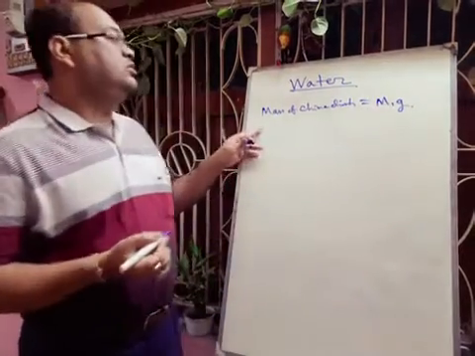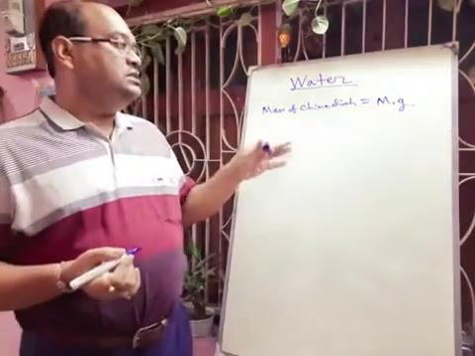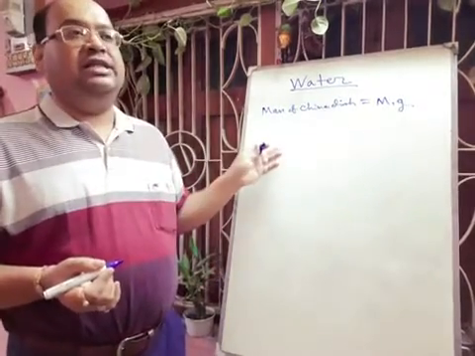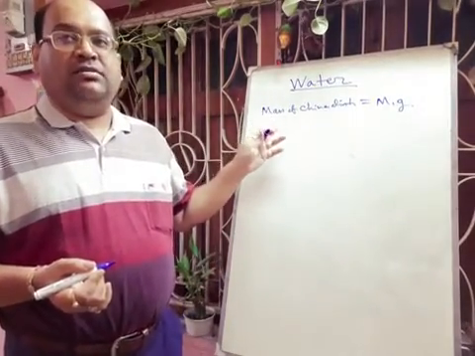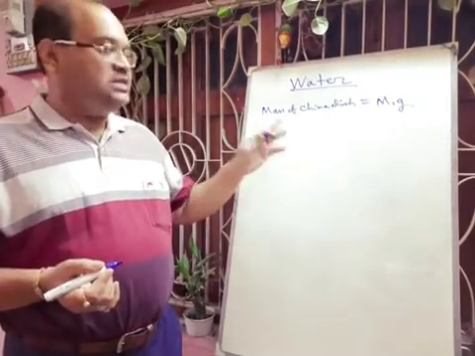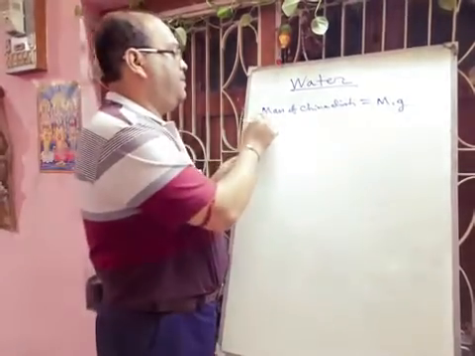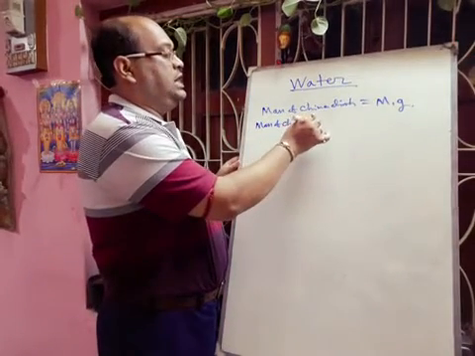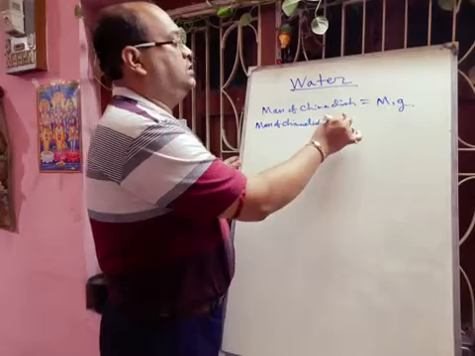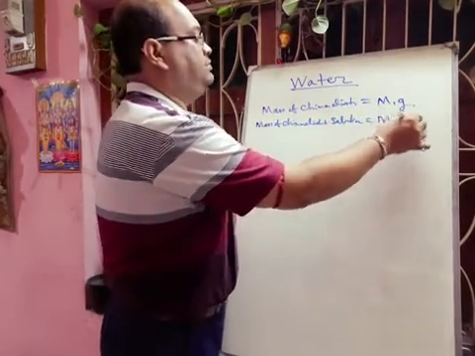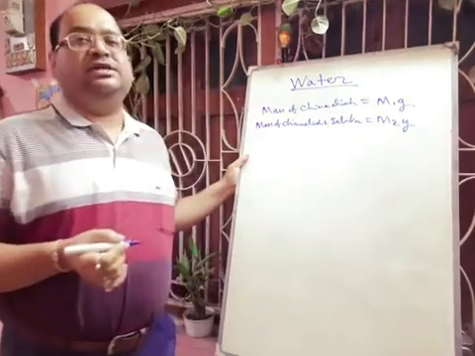Then we take this saturated solution inside this china dish. So the mass of china dish plus solution will be equal to m2 gram. Hope you can understand.